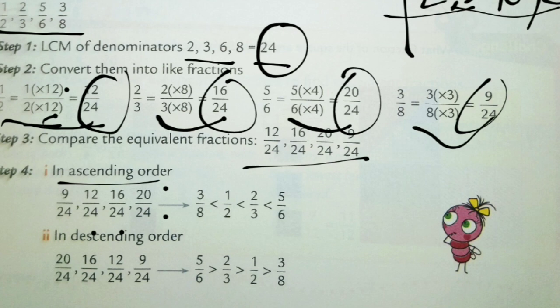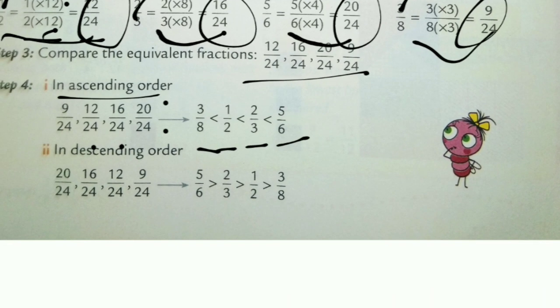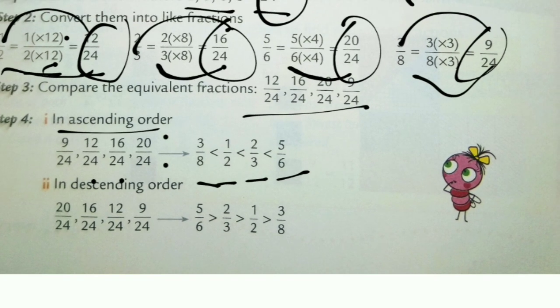After this the actual number of 9 upon 24 is 3 by 8. Then 12 by 24 is 1 by 2. Then 16 by 24 is 2 by 3. And the last, 20 by 24, is 5 by 6. This is ascending order and just the opposite is descending order. Okay.